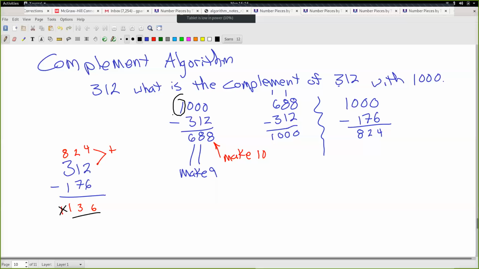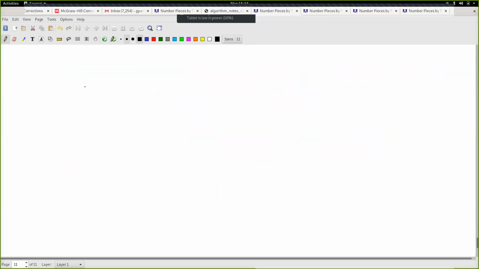So let's get a new pair. So first, use the standard algorithm on, let's say, 423, and we'll take away from that 275. So use the standard algorithm to get the answer so we can check to see if the complement method works for us because it's new.